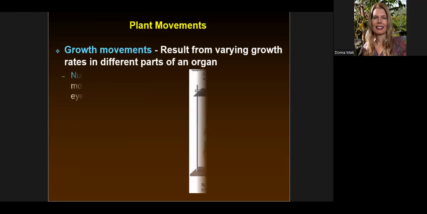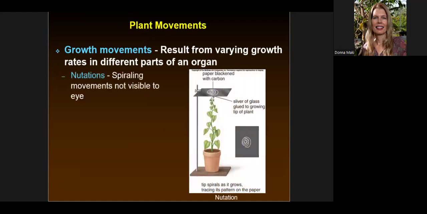So this actually was done by Charles Darwin. He was fascinated by how plants move. And what really caught his eye initially was the Venus flytrap that can close its modified leaves very quickly. But he also noticed that you can have these slower movements.